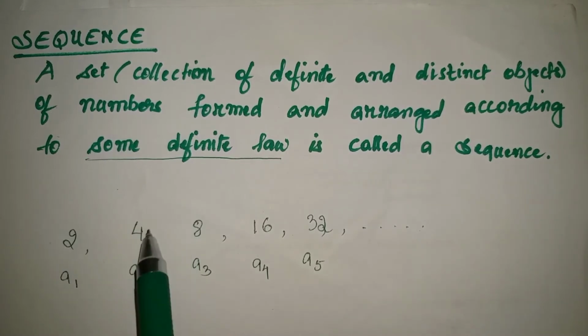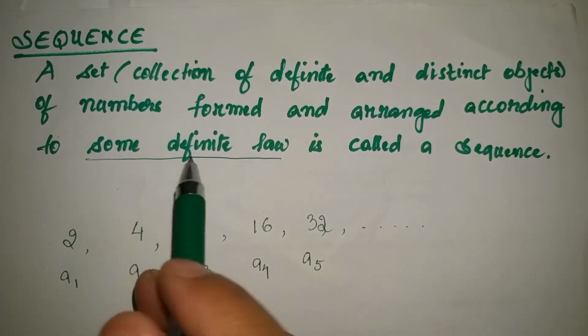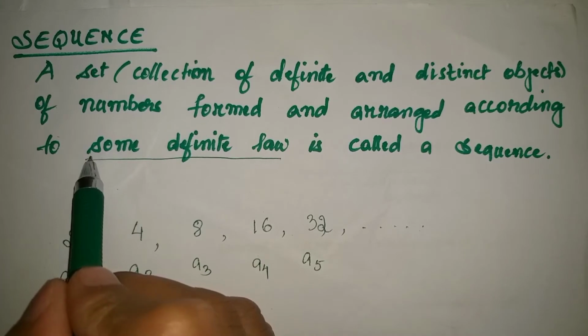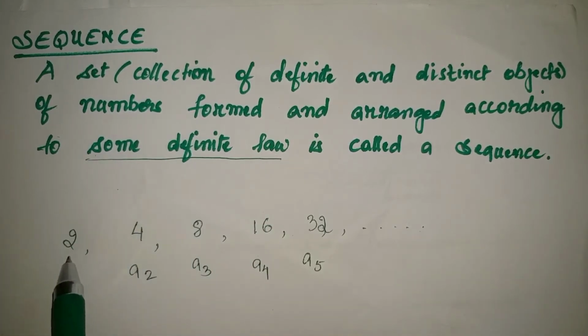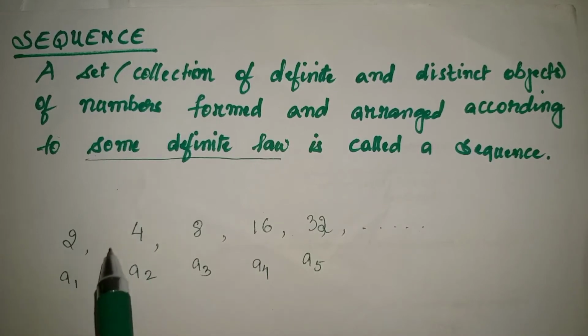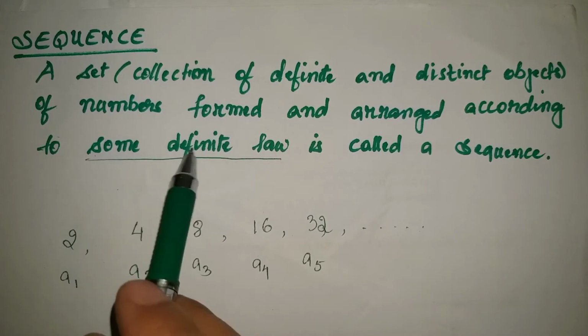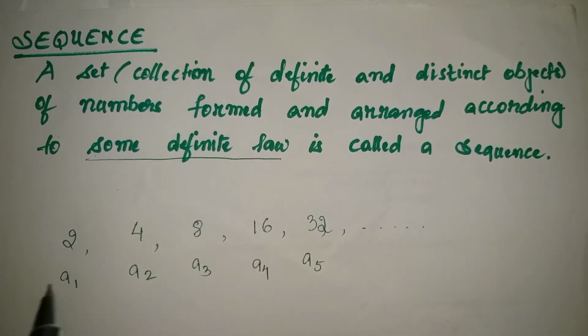Remember, in each sequence we usually have some definite law that is defining the sequence. So in my example, I have that definite law which helped me in defining this sequence.